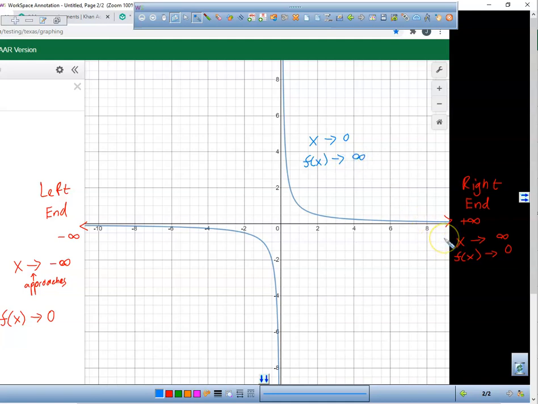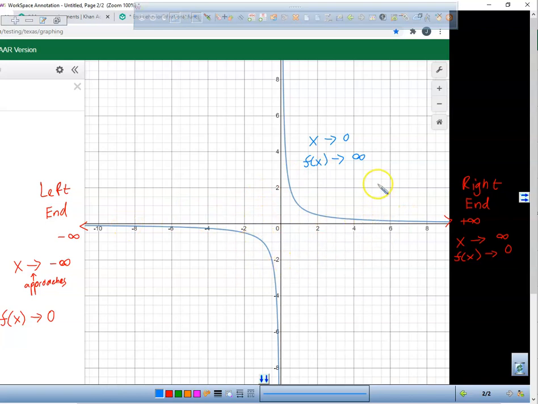Positive infinity. But how do we say from the left and from the right without having to write the words from the left and from the right? Would you guys agree this is approaching it from the right and this is approaching from the left?